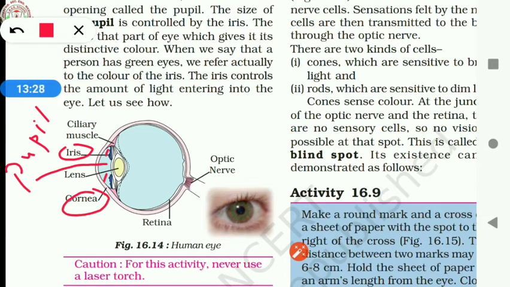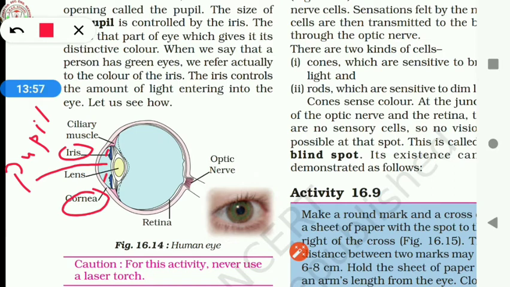The iris is that part of the eye which gives it its distinctive color. So the colored part of the eye is known as the iris. When we say that a person has green eyes, we actually refer to the color of the iris.